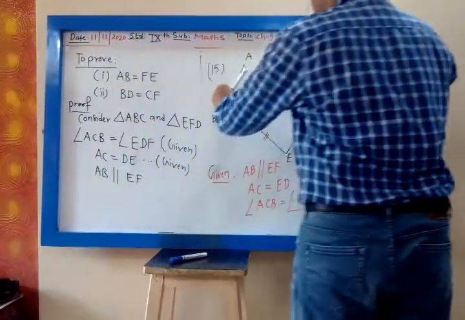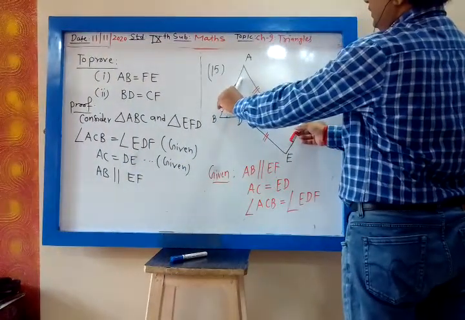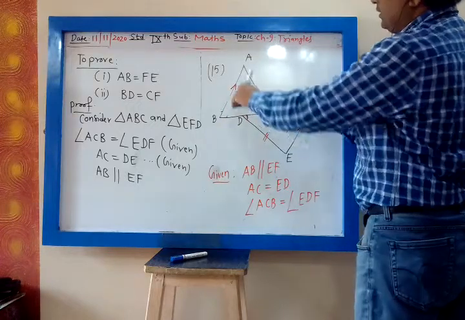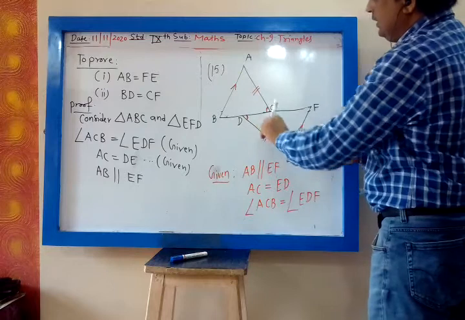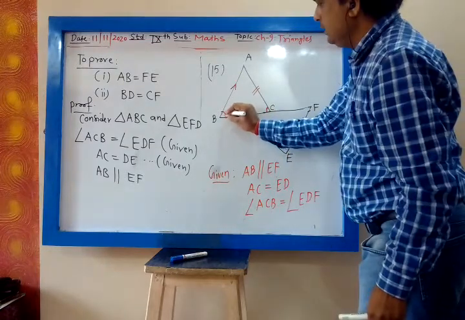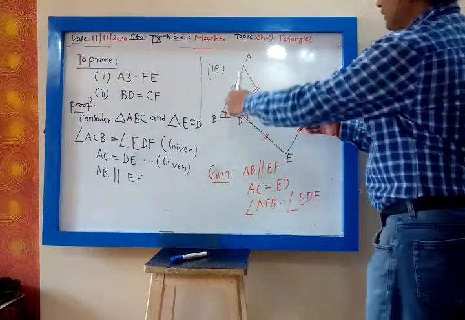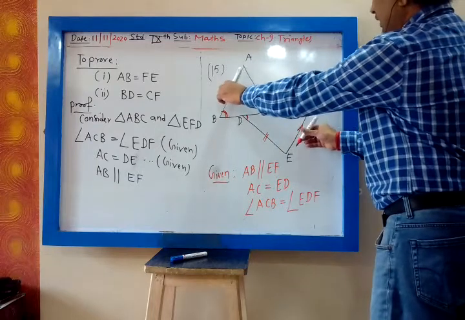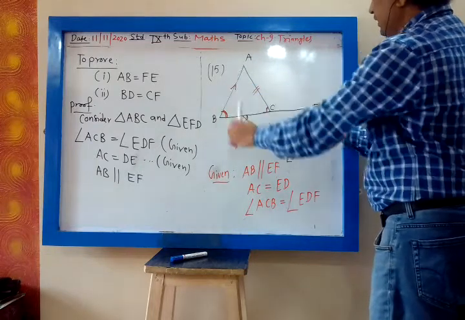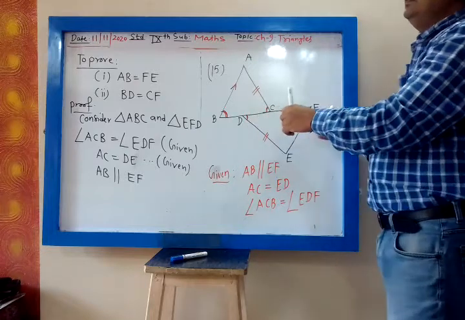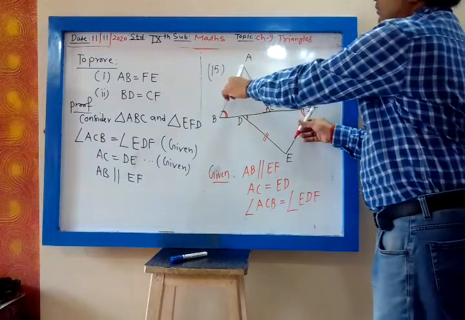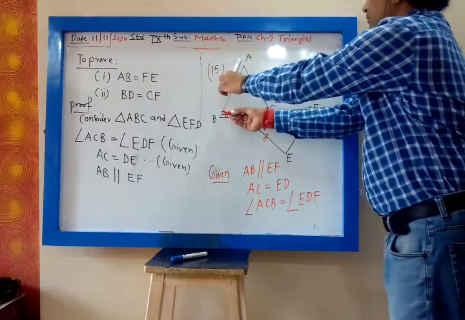So when two lines are given parallel, the alternate angles are equal. So what are the alternate angles? Angle ABC, so angle B is the alternate angle, is equal to angle EFD. Alternate angle means they lie on the opposite side of the transversal.